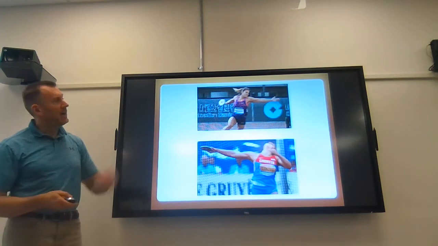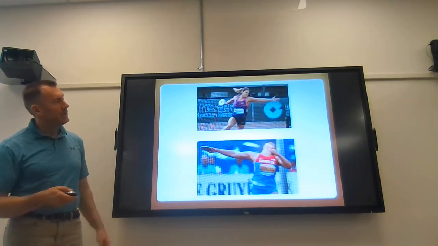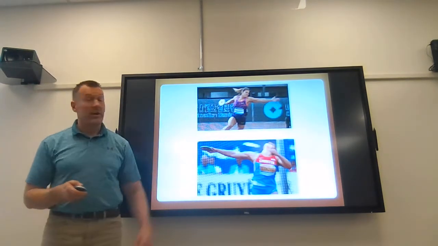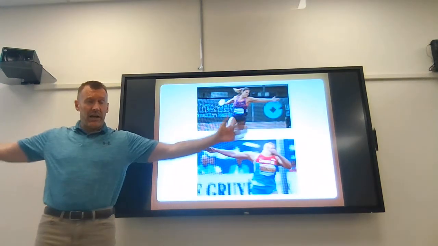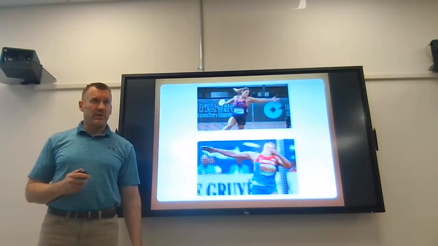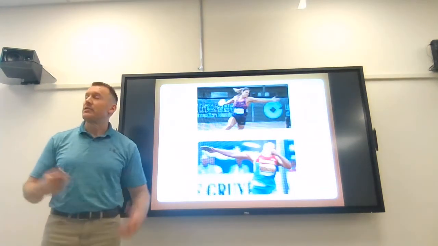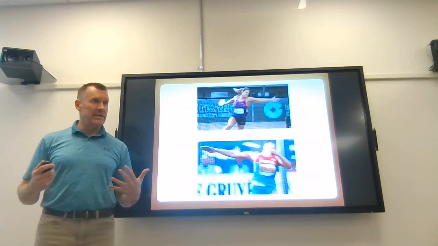So we can see that here with the same thrower, a world-class discus thrower. You can see here this is the torque generation phase, and their mass is spread out a little bit more, so they're taking more time, spinning a little bit slower, building that external torque that they can put into the discus.